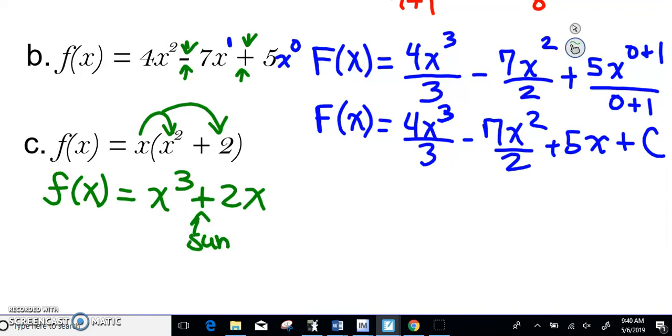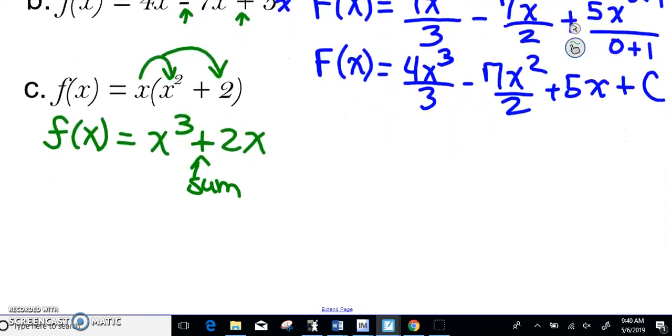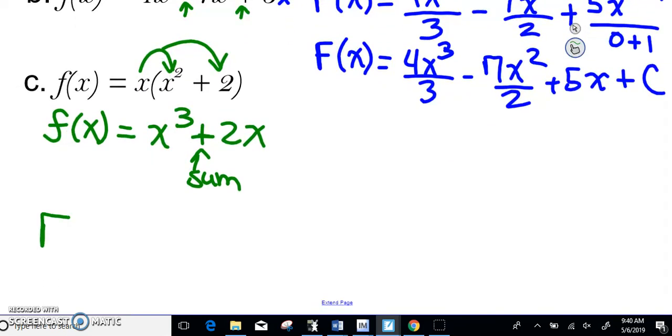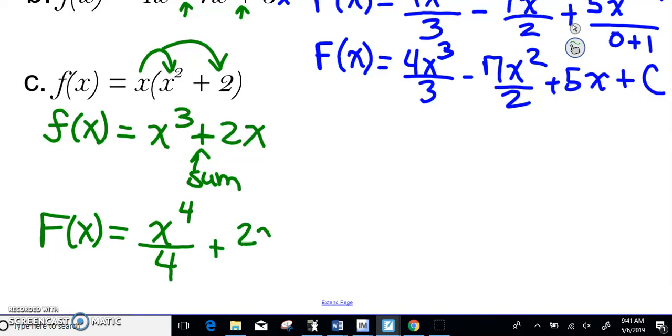So we're going to go ahead and do the problem now. x to the 4th over 4 plus 2x squared over 2 plus C. And again, remember, if it's an understood 1, you just add 1 to it, which gives you 2.